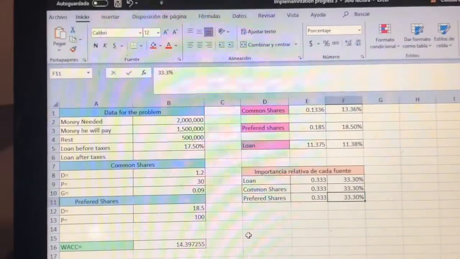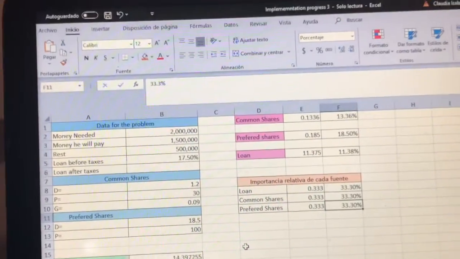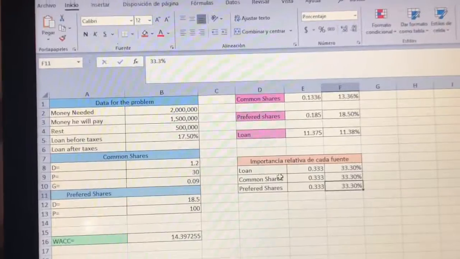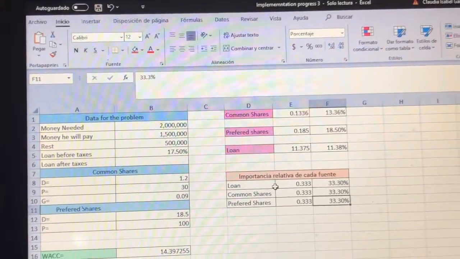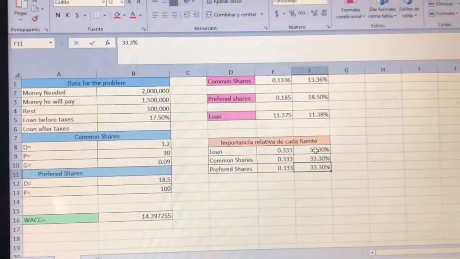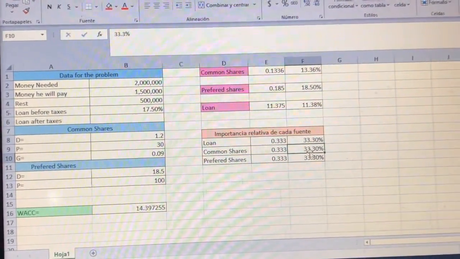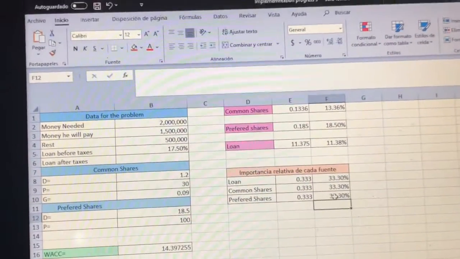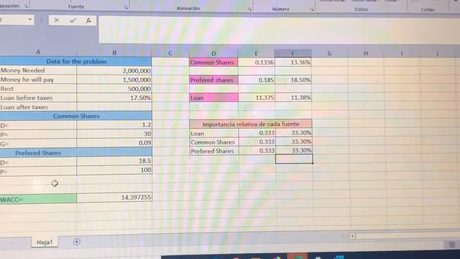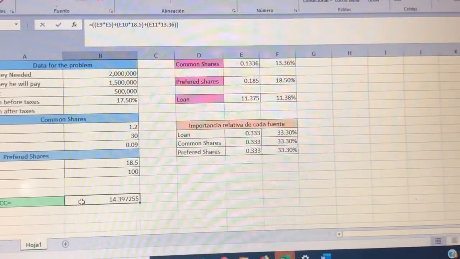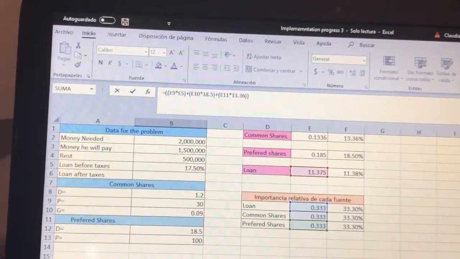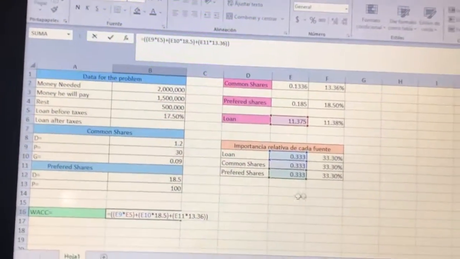Then, because we only have 3 of the financial statements, we know that each one has the same importance. Here they are. So, we are going to set to each one 33%. And there we have them with the same amount. So, then here to get the WACC, we need to add the relative importance of each one with the percentage that they have.